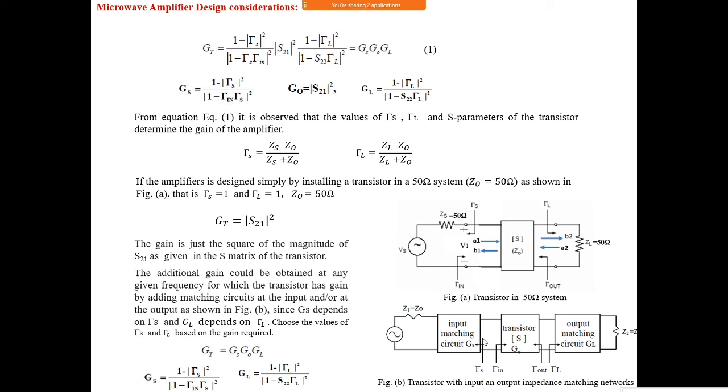So you can choose ZS equal to any value on that circle. Similarly, if I want 1 dB, there is a circle on the Smith chart, and any value on that circle gives 1 dB. They are called constant gain circles. On that circle, any impedance gives a constant value of gain.